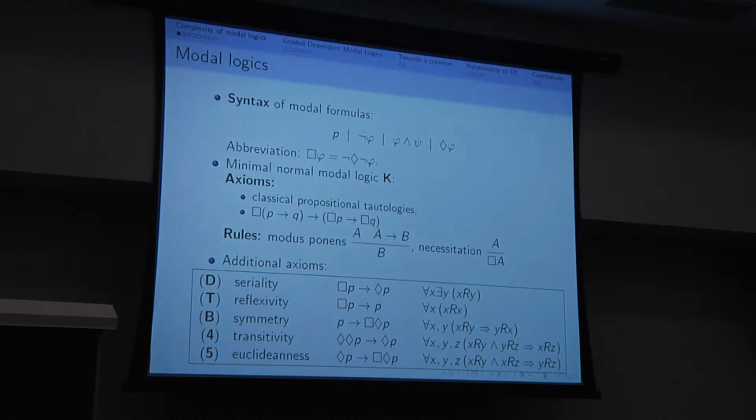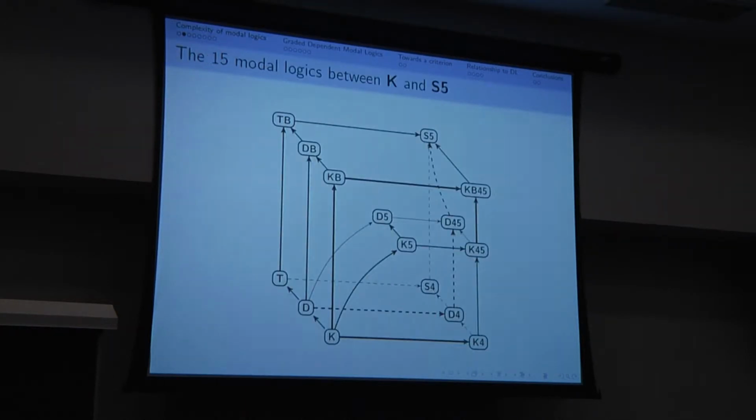Well, some are well known, some of course not. Adding these axioms to this model logic K yields some systems. Not all of them are distinct. Here's a diagram of how they are related. Out of 32, there are only 15 model logics between K and S5.